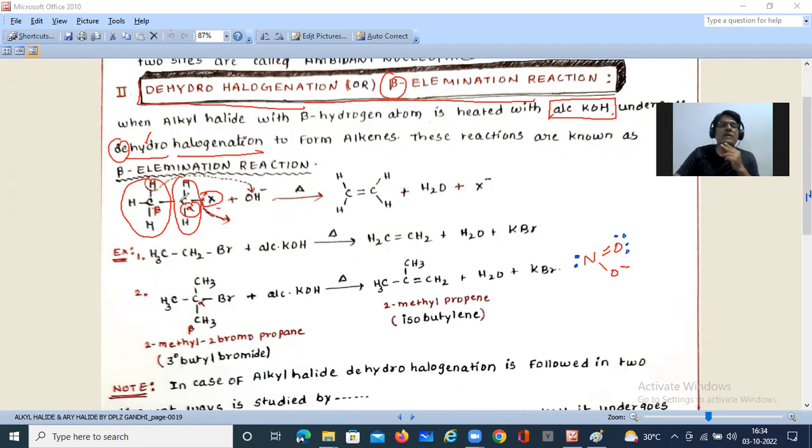Whenever it is eliminated, the singly bonded molecule is converted to a double bonded molecule, that means alkyl halides are converted to alkenes. Suppose if alkenes are there, then they are converted to alkynes. The eliminated beta hydrogen atom combines with the OH minus of the alcoholic KOH and is removed as H2O, and the remaining X minus is also eliminated, forming the main compound, alkene.